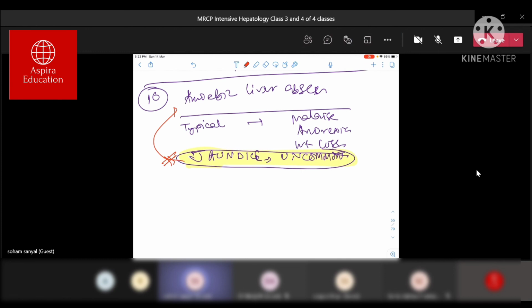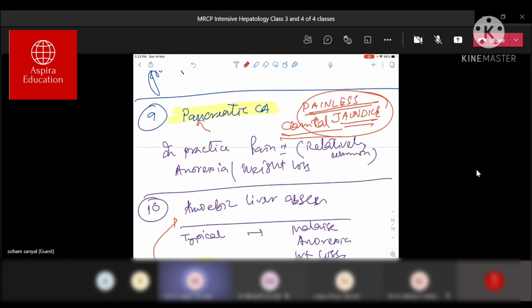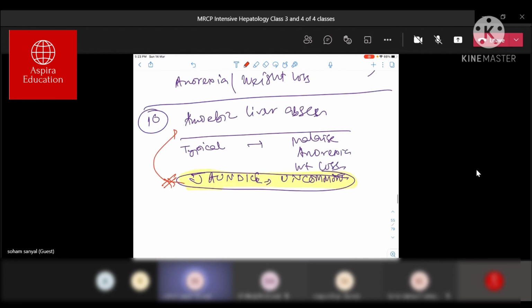They will say which is least likely to be present, so the answer will be this kind of jaundice. Remember these things for the exam: painless jaundice points to pancreatic carcinoma, and jaundice is uncommon in amoebic liver abscess.